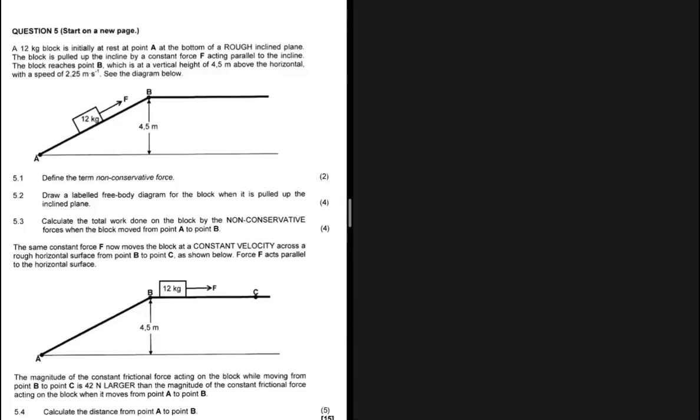See the diagram below. The first question, 5.1, says let's define the term non-conservative force, and I'm just going to leave that for you. And then 5.2, we're asked to draw a free body diagram for the block when it is pulled up the incline. So let's go ahead and do that. Clearly, when the block is being pulled up the incline, there's an applied force F acting parallel to the incline.